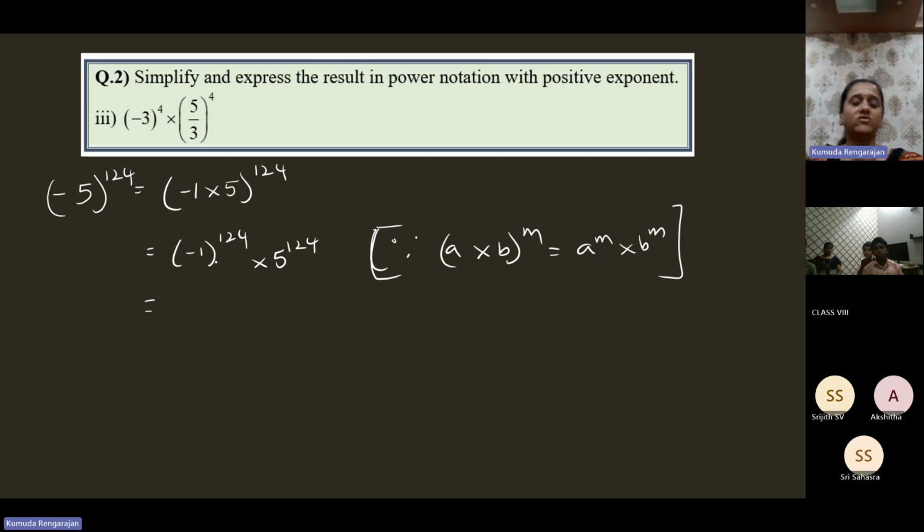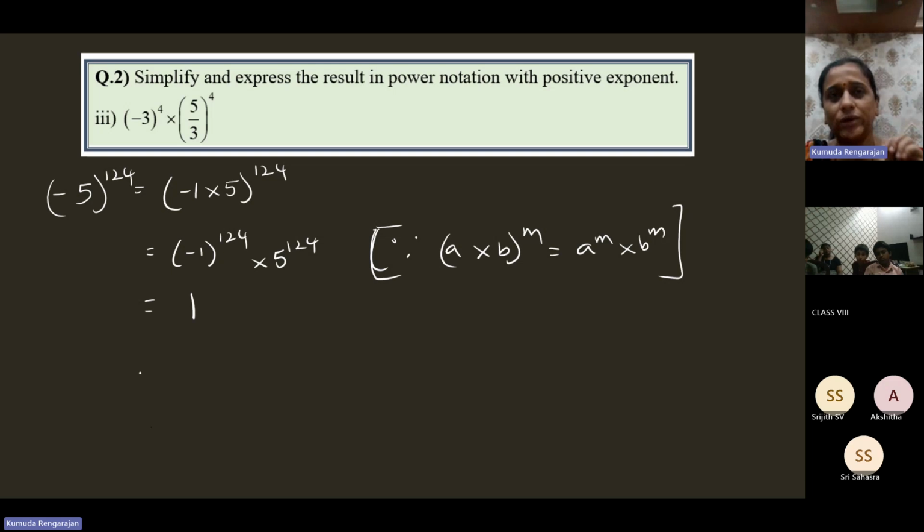Now, what is minus 1 raised to an even power? Ma'am, 1. Minus 1 raised to an even power is 1, because minus 1 into minus 1 into minus 1, 124 times. So 1 into 1 into 1, 124 times is 1 only. And minus happening an even number of times. We know minus into minus is plus.